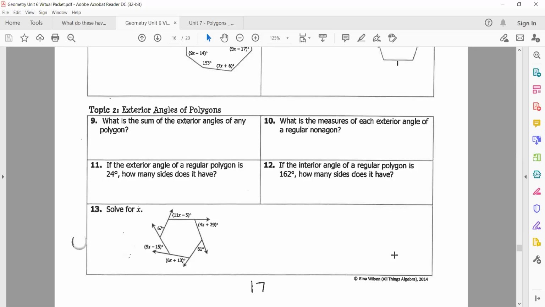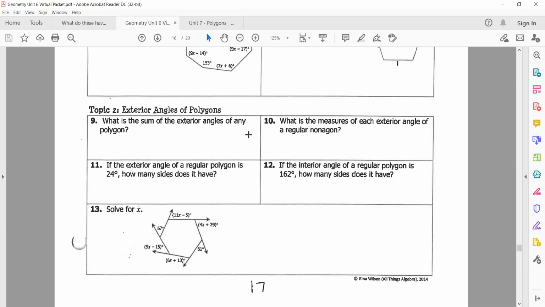How many degrees do our exterior angles always total, no matter how many sides a shape has? 360, right? Yes, thank you, Jonathan. No matter how many sides a polygon has, the exterior angles always total 360.